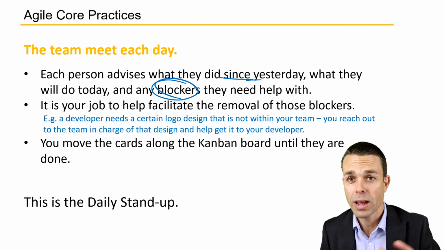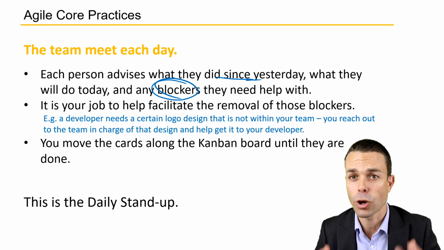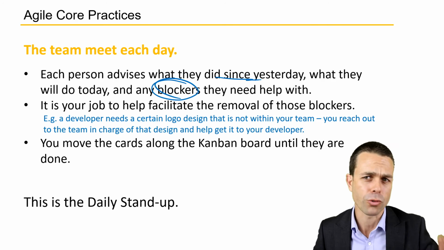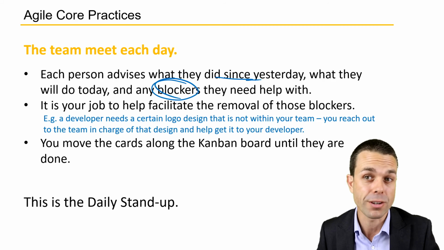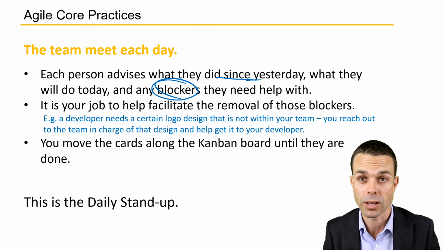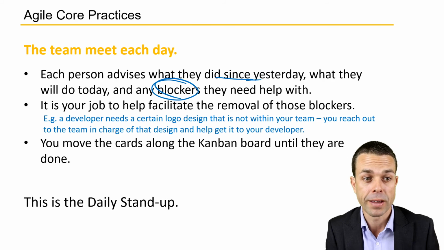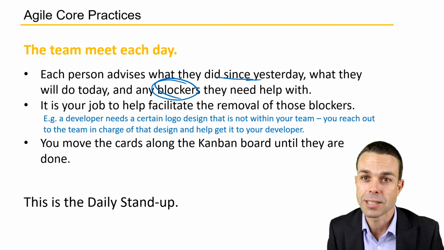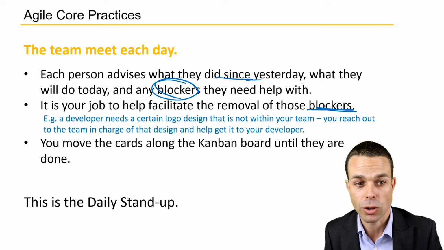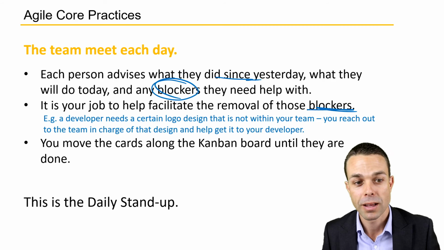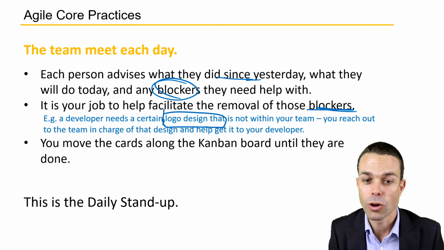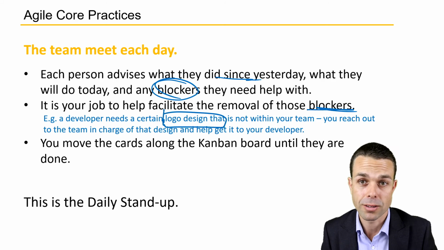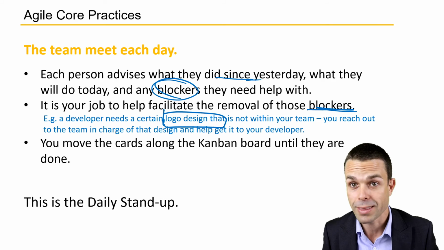So now, if we're the project lead, the project coach, or the Agile coach, or the Scrum Master, or whatever you're actually called, which could be many different things depending on the organization, or the country, or the area that you're working in, it's your job to help facilitate the removal of these blockers. Let's give an example. A developer needs a certain logo design, and that's not within your team. Your team doesn't have the capability or the people who design these logos.